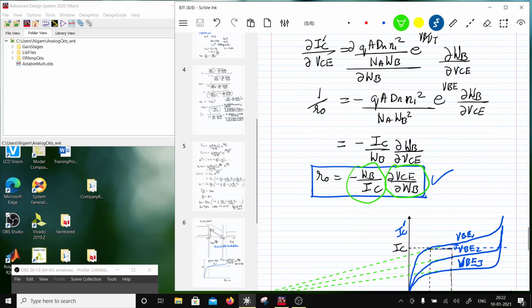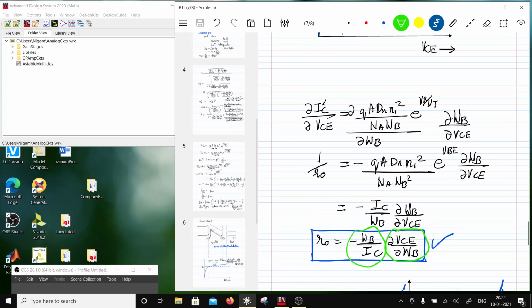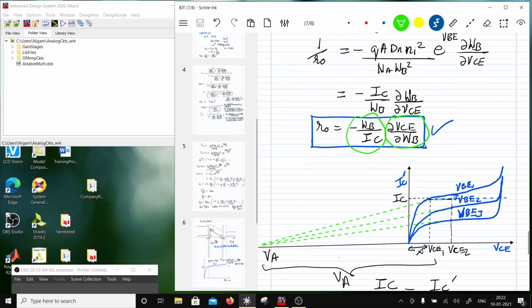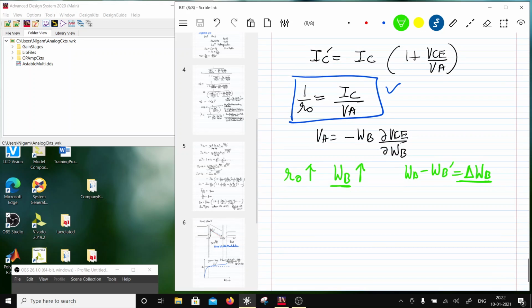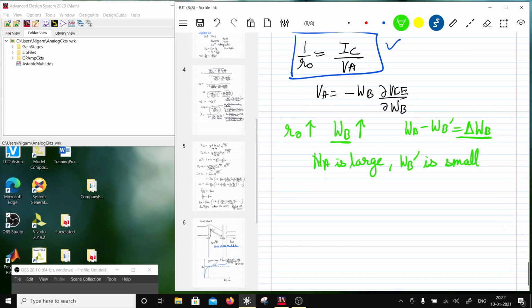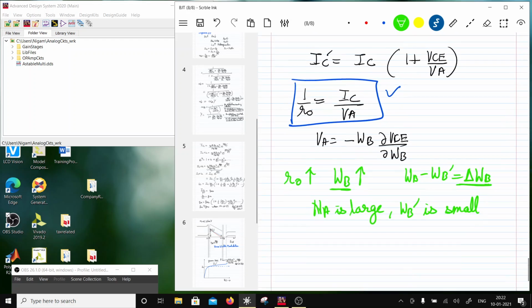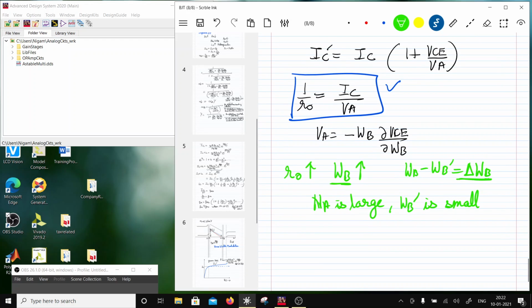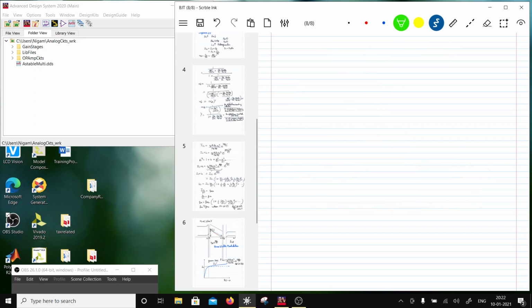Now the next thing is, if you do a doping in the base, if Na is large, then WB dash is going to be small. So if WB dash is small, then the change in WB with VCE is going to be small too.